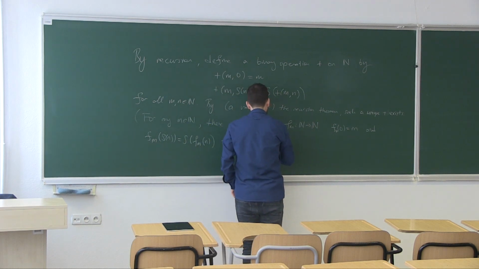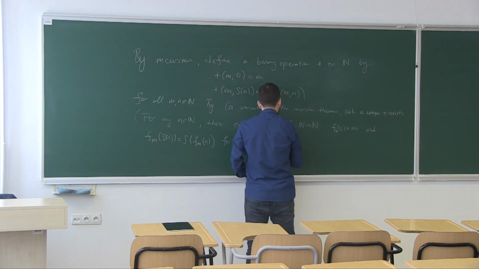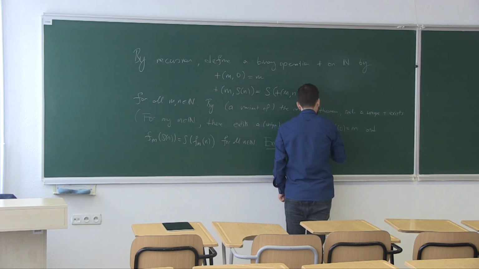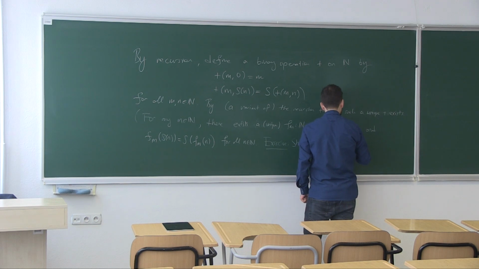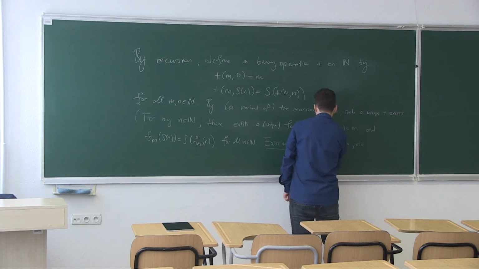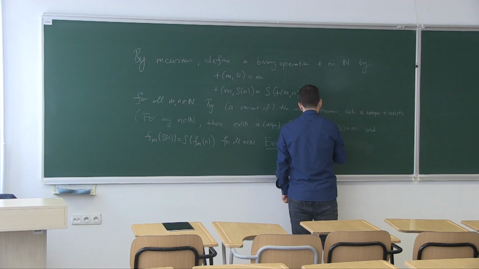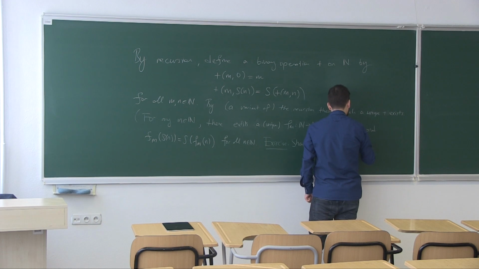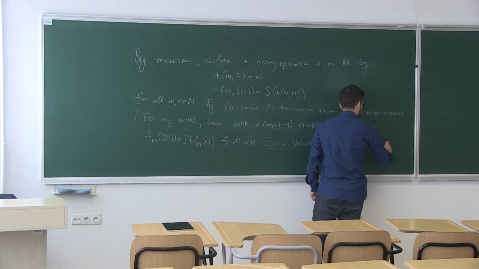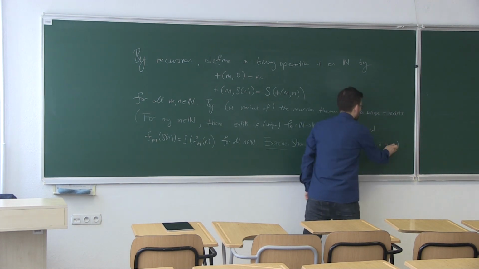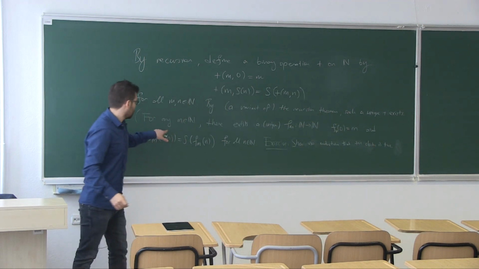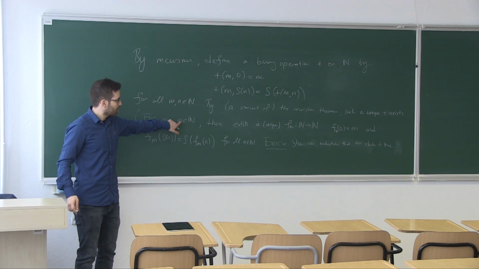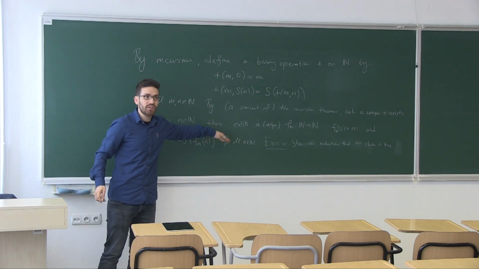Let me assign this as an exercise: show via induction that this claim is true, okay? I'm claiming something about natural numbers, that for all natural numbers m something happens. Show via induction that this exists.